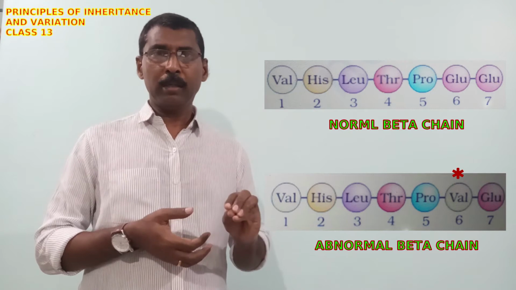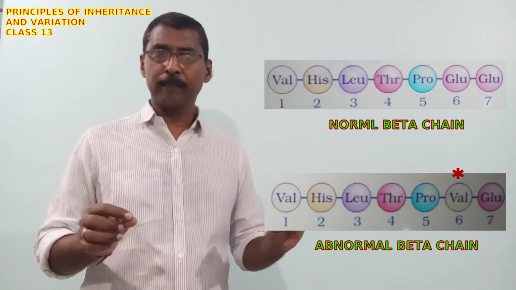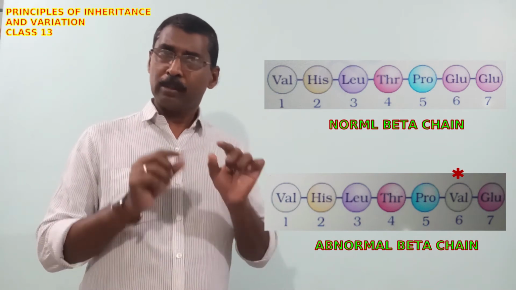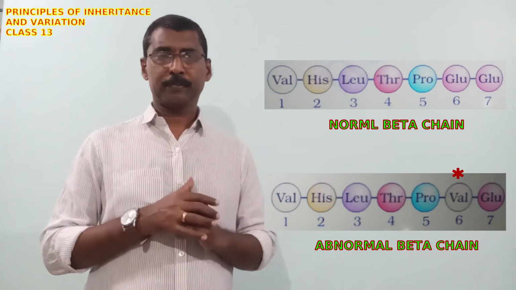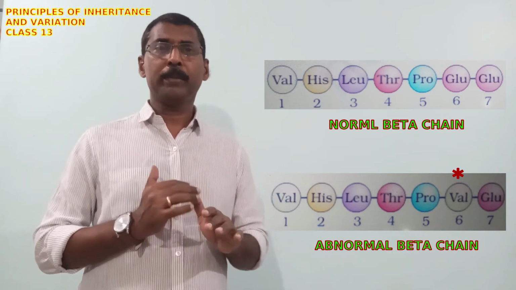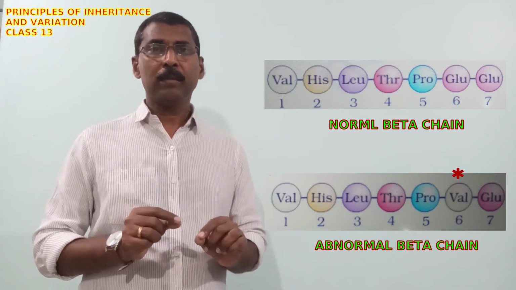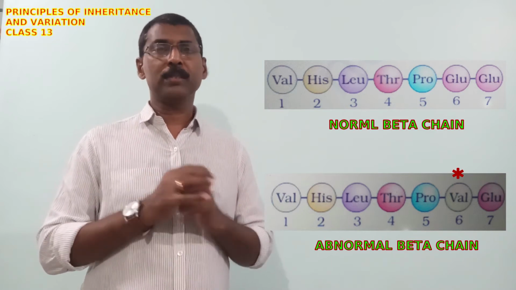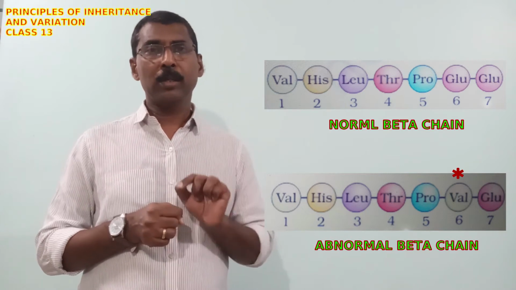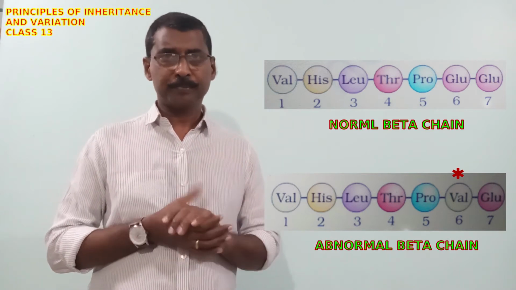So in the normal amino acid sequence, there is no valine in the 6th position. Instead, the original one is glutamic acid. But in the abnormal hemoglobin, the beta chain possesses valine in the 6th position instead of glutamic acid.